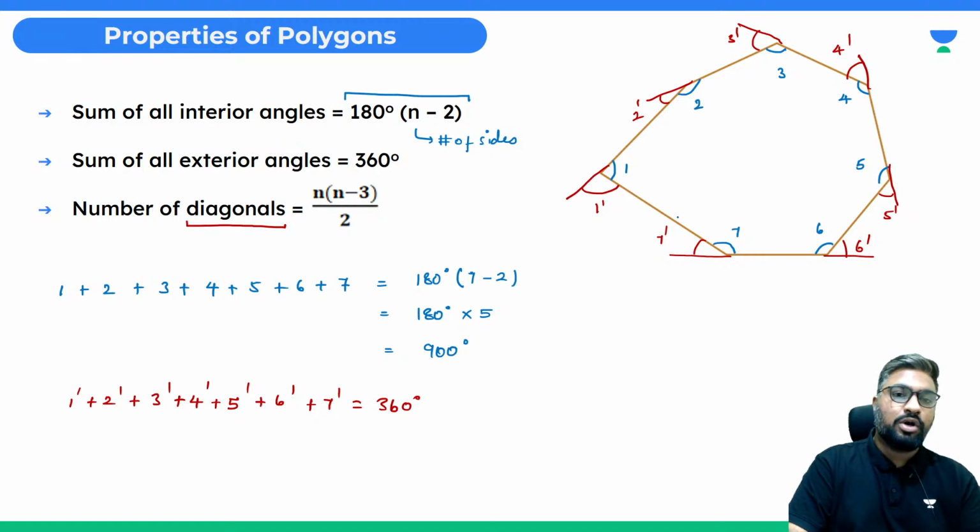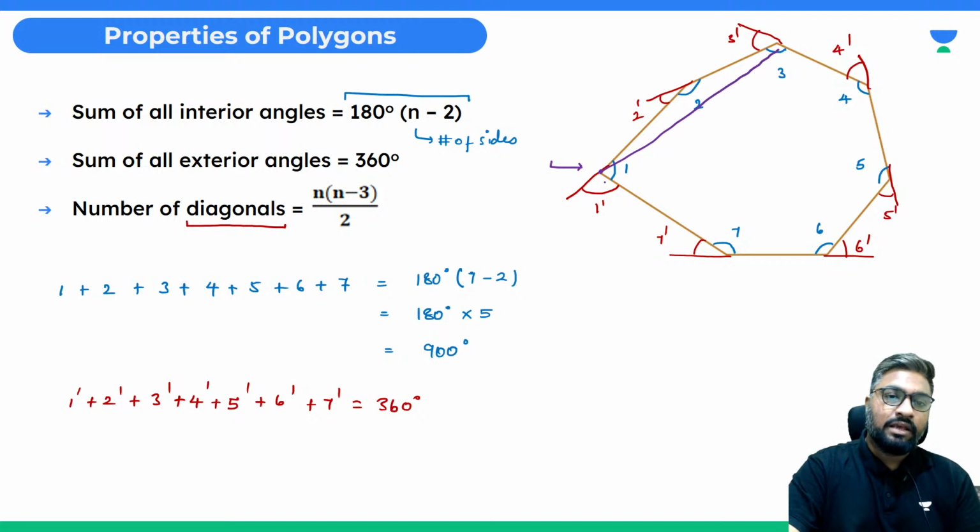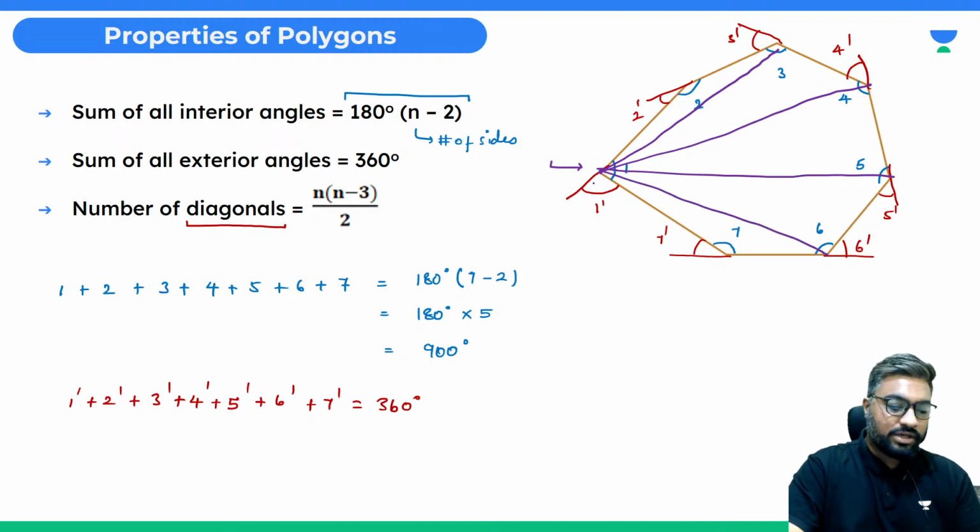For example, if you look at this particular point, point 1, then 2 and 7 are adjacent to it. So other than 2 and 7, any line that I join, if I join 1 and 3, 1 and 4, 1 and 5, 1 and 6, these will be the diagonals originating from 1.